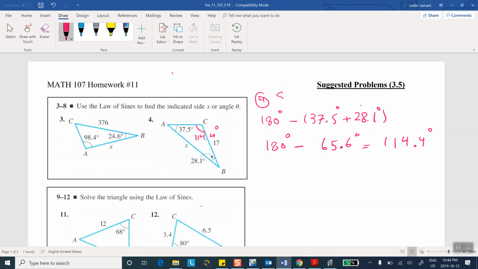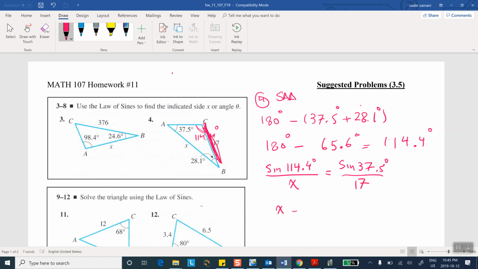Let's see now, side angle, but it really doesn't matter. So sine of 114.4 degrees divided by the side facing that, which is x, is equal to, for example, sine of 37.5 divided by the sine of the side that's facing it, and that is 17.